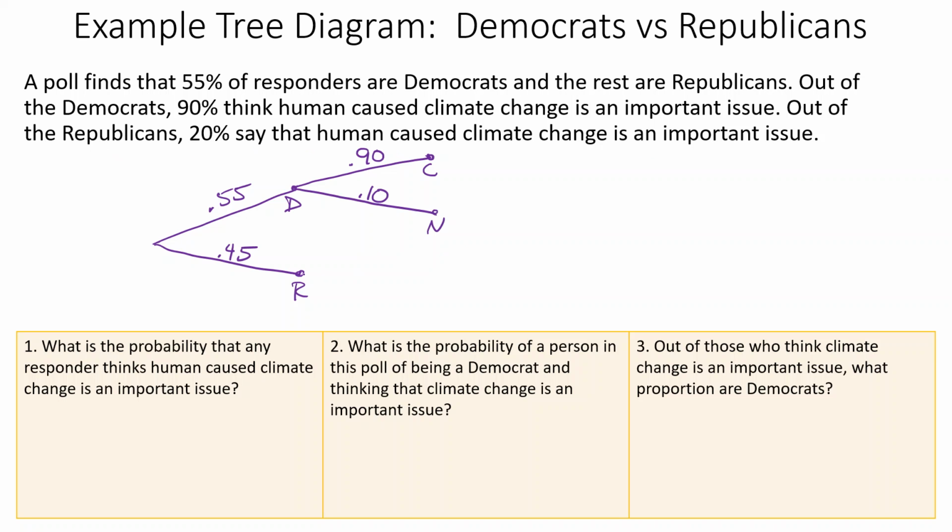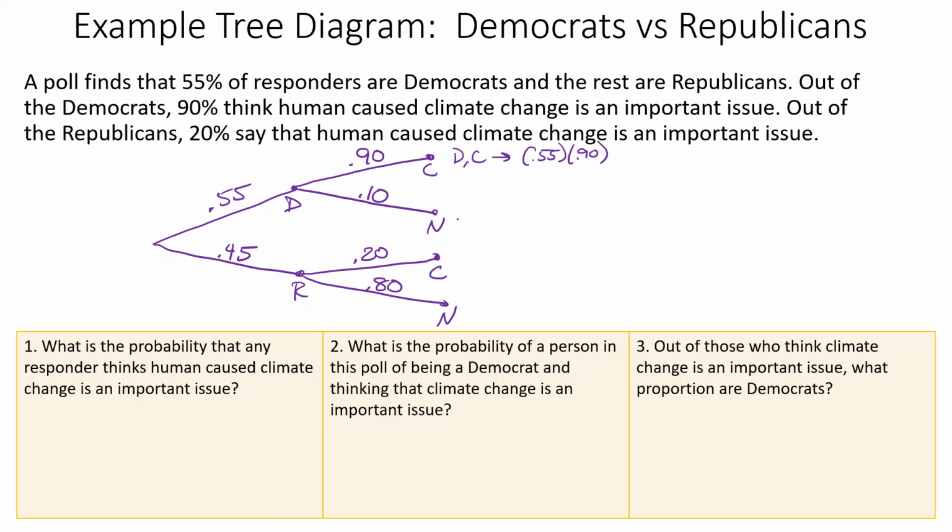All right, so let's, again, same branch here for the Republicans. We got climate change and not important. 20% say important, so that means the rest, the 80%, say not important. So let's see, this is Democrat and climate change, and that's 0.55 times 0.90.